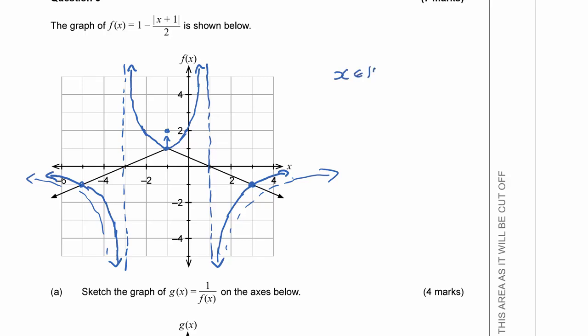So we're going to get x is a real, and x cannot be -3 or 1, just like this, because that's where the asymptotes are. And then we'll get y is a real. We've got y is less than 0 for the bits that's below, or y is greater than or equal to 2.